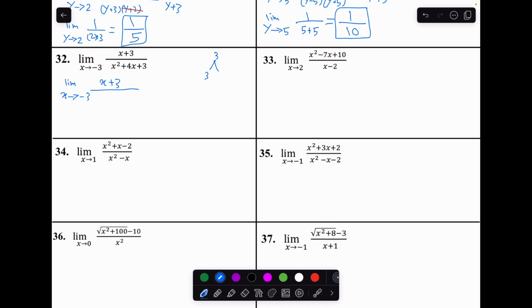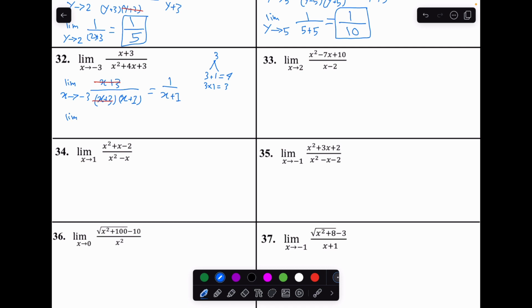So let's try 3 and 1: 3 plus 1 equals 4, and 3 multiplied by 1 equals 3. So x plus 3 over x plus 3 multiplied by x plus 1. We can cancel these together. It's equal to 1 over x plus 1.